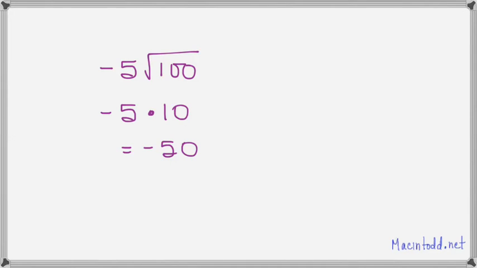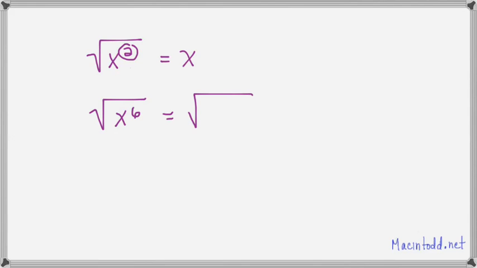Alright, we should cover these guys. So with this guy, square root of x squared. Again, because we've been observing that if that's 2, the answer is just x, because x is clearly taken times itself when you have an x squared. If I have an x to the 6th, we have to remember our laws of exponents. That's the same thing as an x cubed squared.